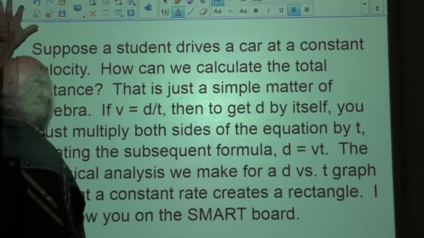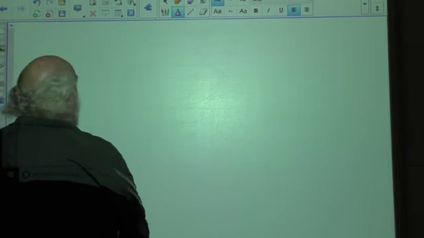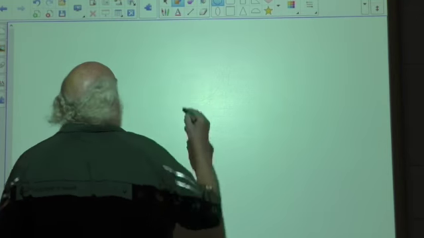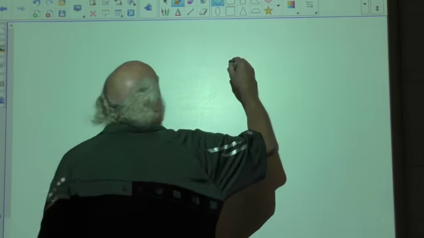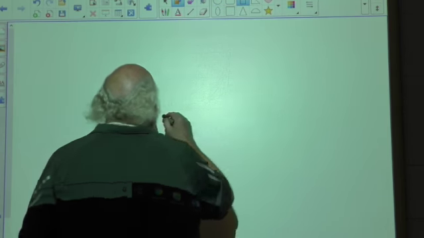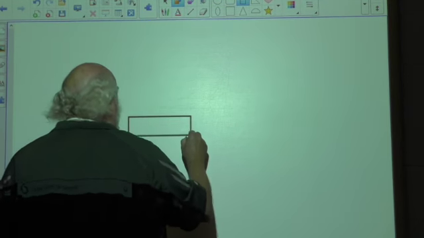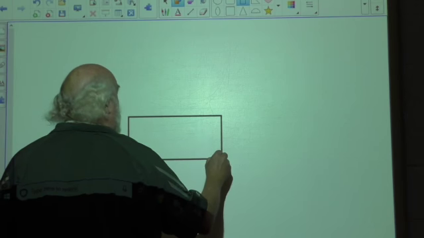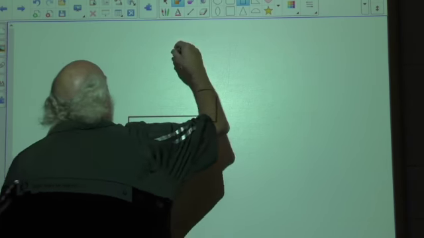So let's take a look at that. I get to draw rectangles now. Let's see how well this works. Oh, look, it's a pretty rectangle. All right.